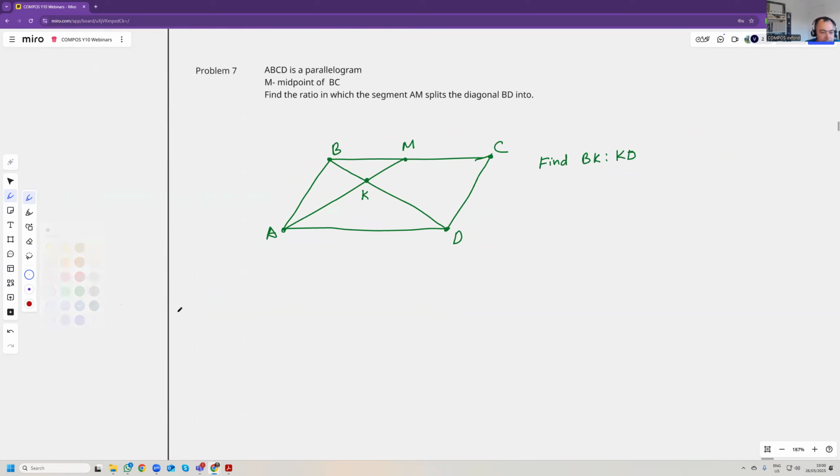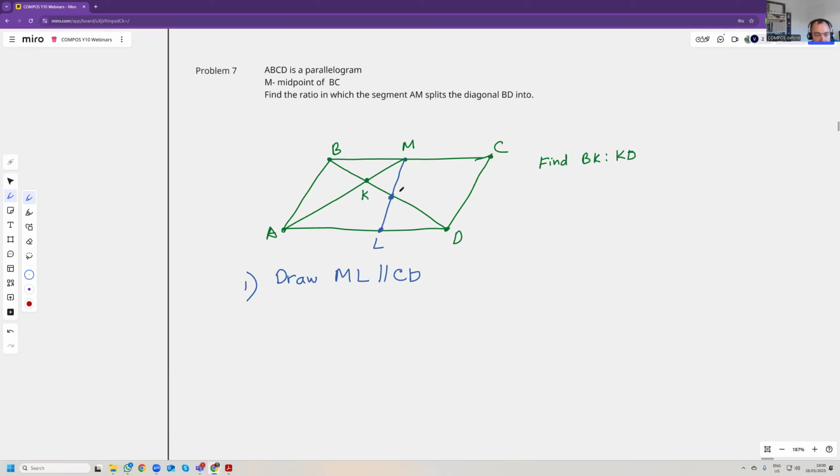So first, draw ML parallel to CD. So ML parallel to CD.